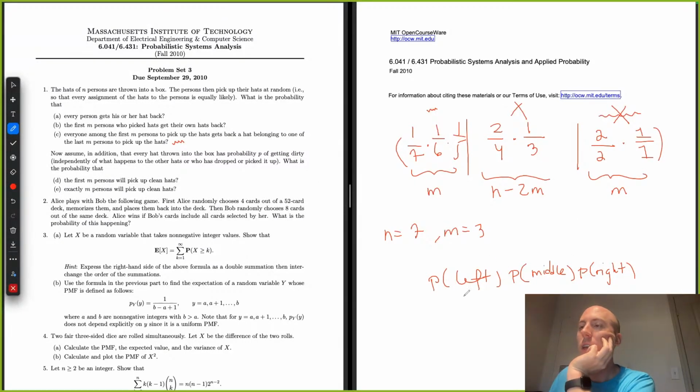And so, basically, what's the probability of the first m things happening? That's basically 1 over, what is this number here? It's n minus m, which is 4.